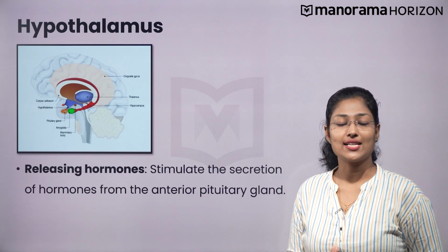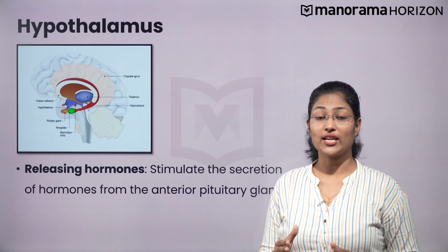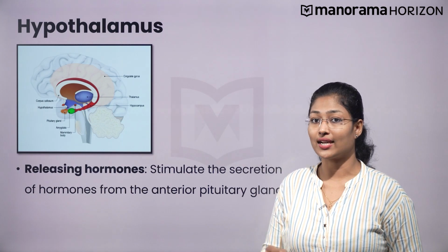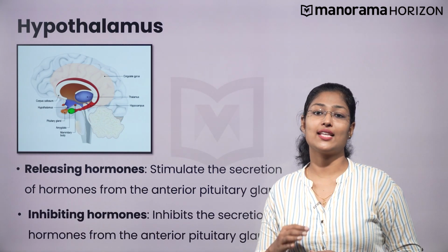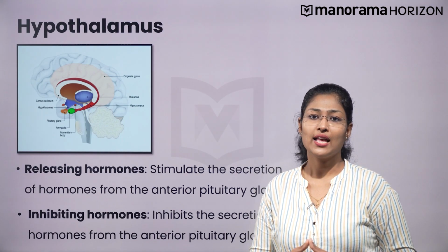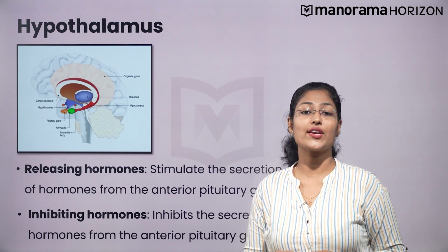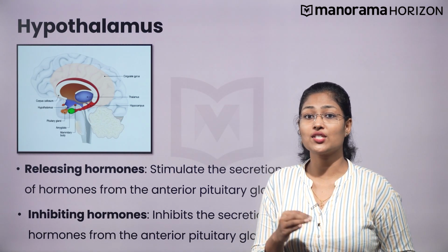As the name suggests, the releasing hormones of the hypothalamus stimulate the secretion of hormones from the anterior pituitary gland, while the inhibiting hormones inhibit their secretion. Let us name some of these hypothalamic hormones and the respective hormones of the anterior pituitary whose secretions they regulate.